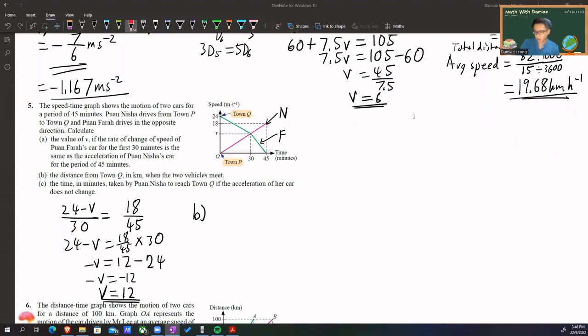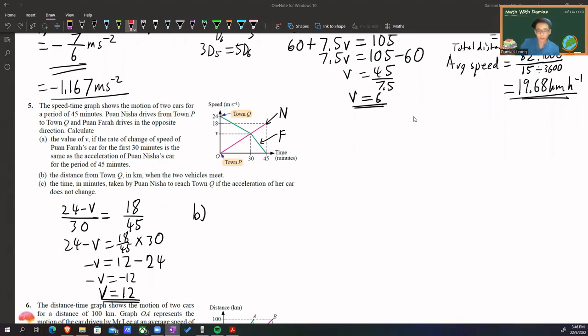They actually made a mistake here, because this is a speed against time graph. When the two graphs meet, it doesn't mean that they are at the same distance point. You can only do that for a distance against time graph.